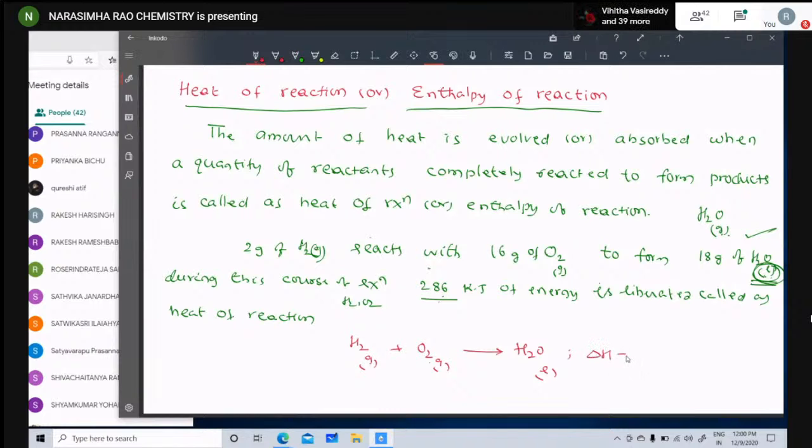For this, delta H is equal to minus 286 kilojoules. Okay, so this is called enthalpy of reaction. This is denoted by delta H, subscript R. R is indicating the reaction. It's clear, na children? Clear, sir.